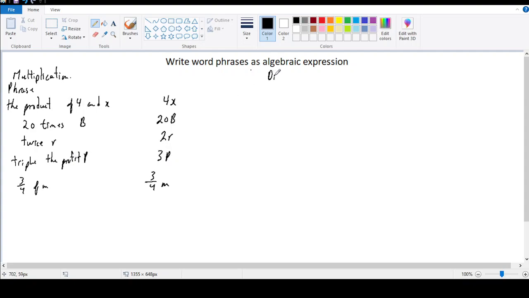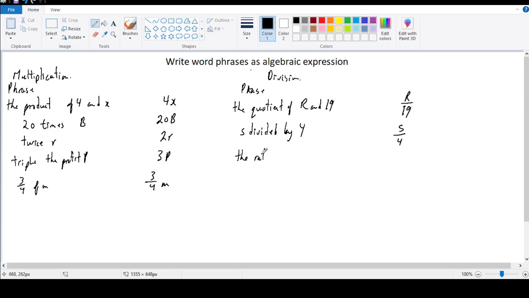Now we're going to do some division and see how that works. As usual, the phrase will come first. The quotient of r and 19 translates as r divided by 19. S divided by 4 is S over 4.